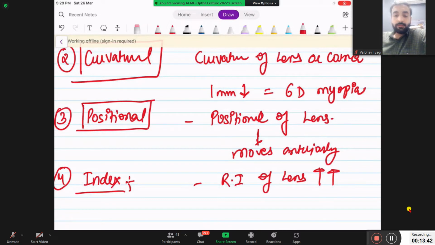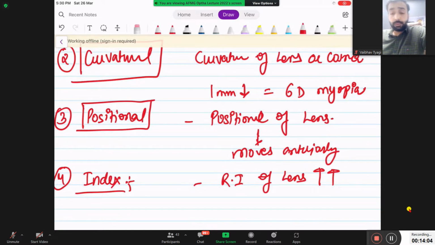One of you asked me, what is presbyopia? Presbyopia is a problem of accommodation. It is a physiological process. As we age and reach about 40, the accommodative power of the ciliary body decreases, right?